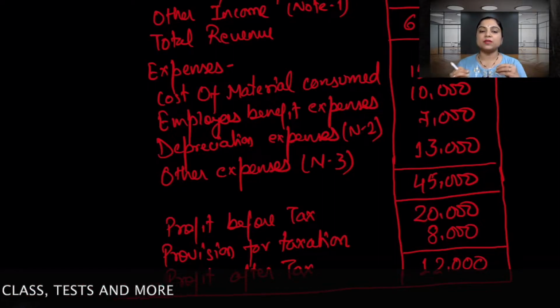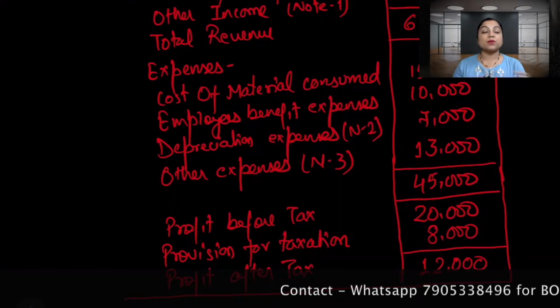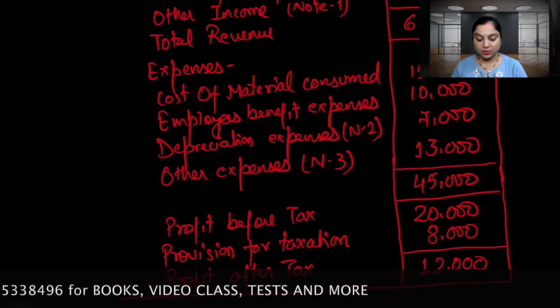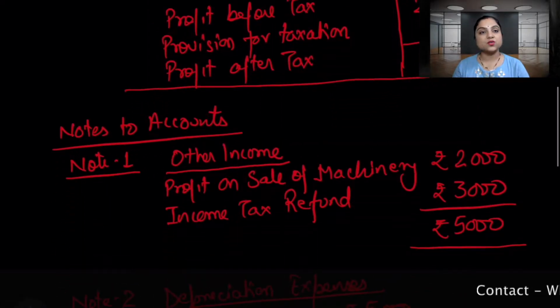That means the revenue is 65,000 and the expenses are 45,000. So the profit before tax, the difference between total revenue and total expenses, is 20,000. We have provision for taxation of rupees 8,000, and we are left with the profit after tax, which is 12,000 rupees.